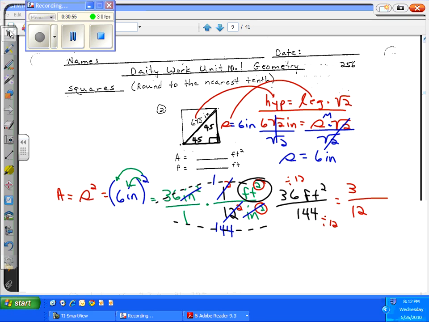Obviously, something bigger would have gone. 3 will go, so 36 would have gone, but 3 goes into 3 once, 3 goes into 12 4. So we should have divided by 36.